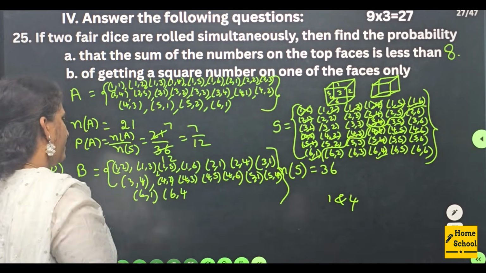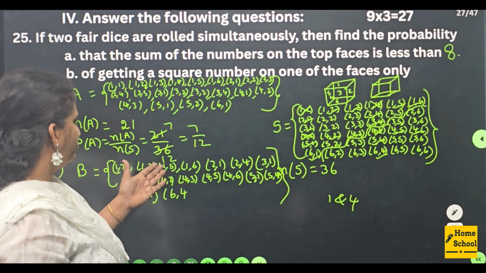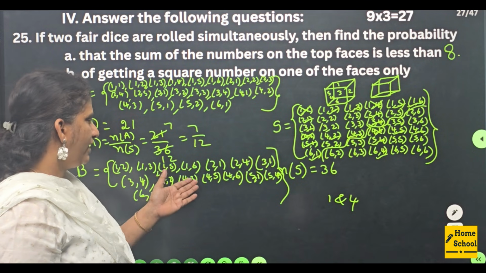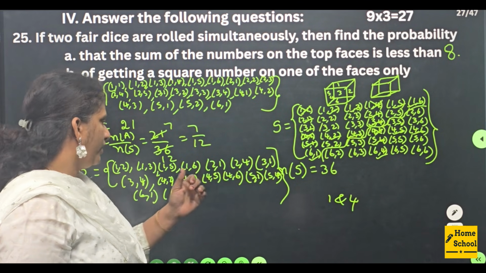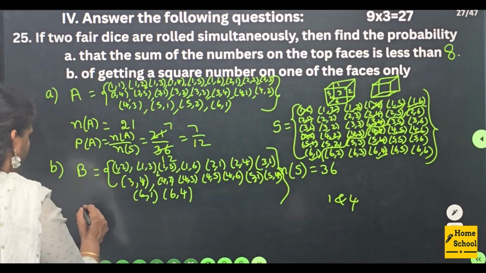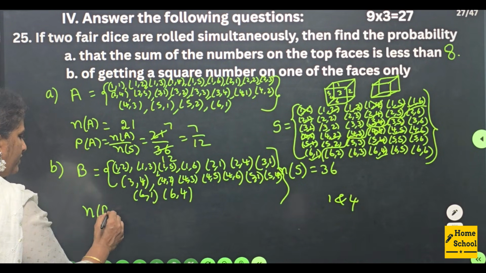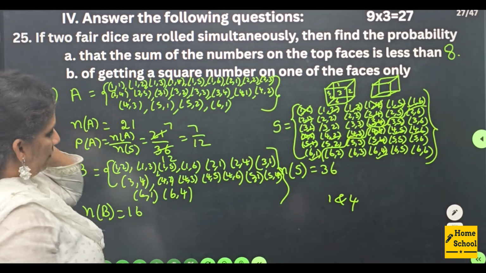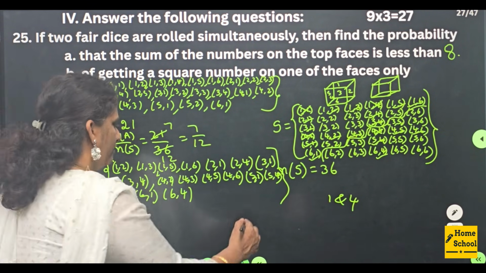Total how many are there? Count. 1, 2, 3, 4, 5, 6, 7, 8, 9, 10, 11, 12, 13, 14, 15, 16 we have. Therefore, number of these events is equal to 16. What is the probability of getting this event?